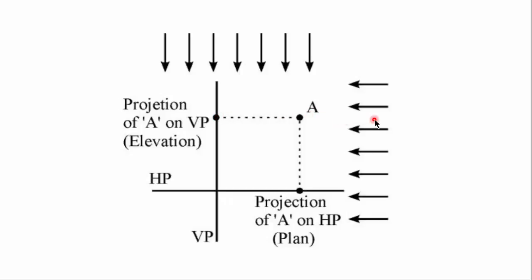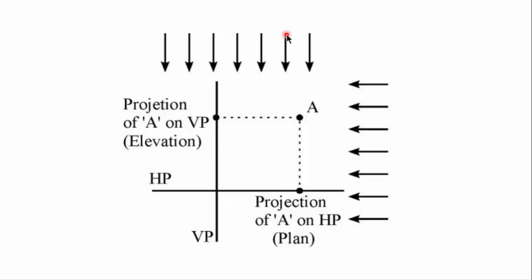In other words, we will feel that point A lies on VP at this location. This point on VP is known as the projection of point A on VP. It is known as elevation.